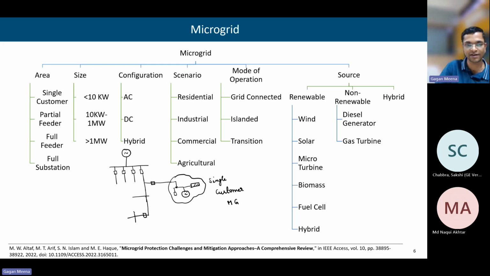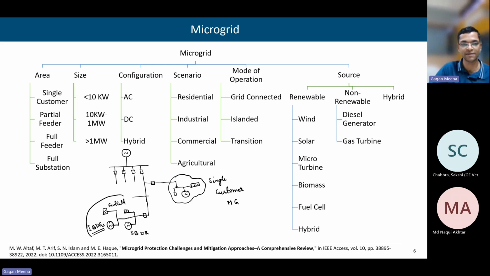There can be different types of resources here, also energy storage, fuel cell or synchronous based DERs, distributed resources, or inverter based DGs or DER.